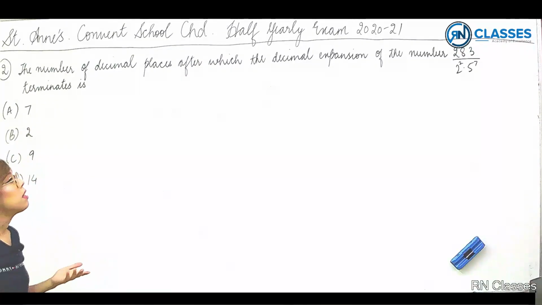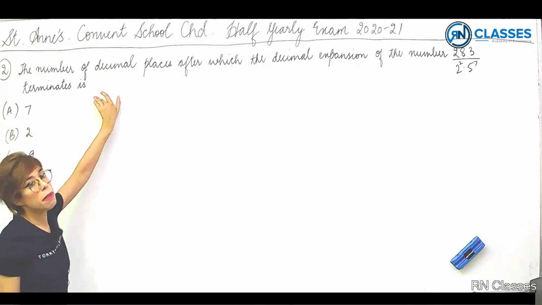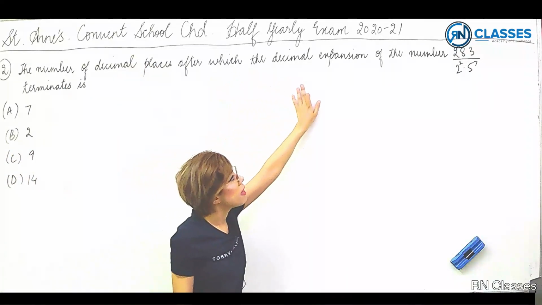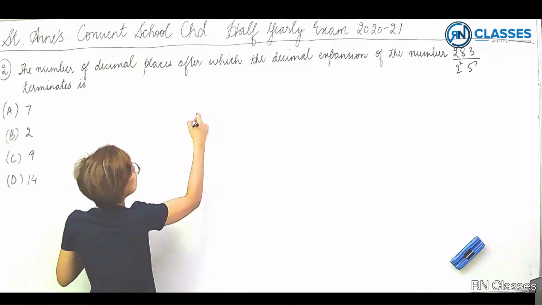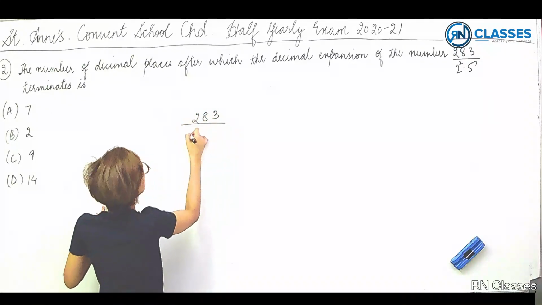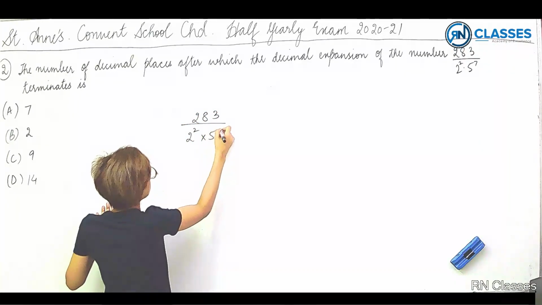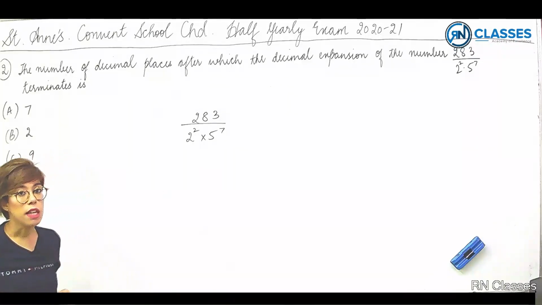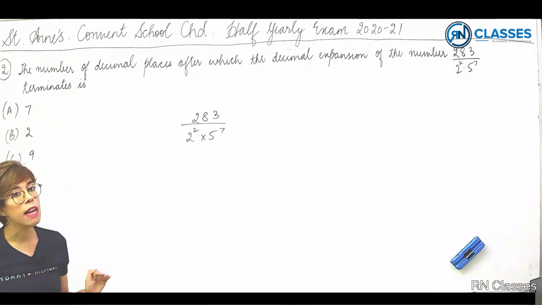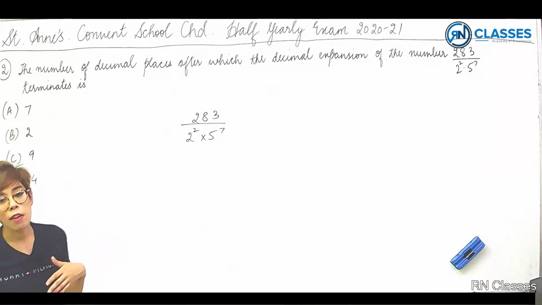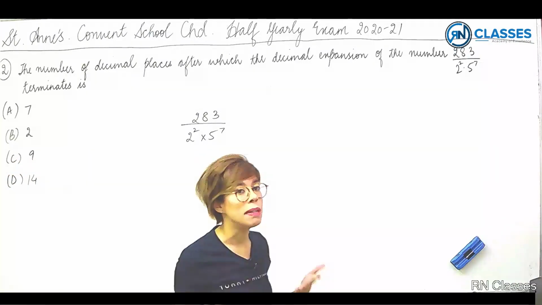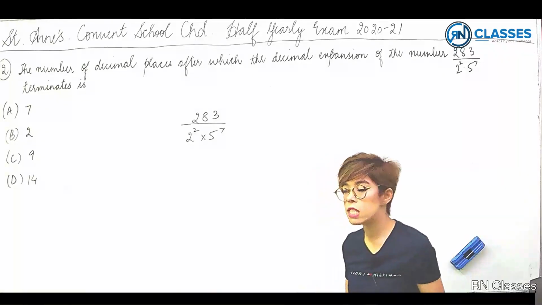Alright, so the second one, he says the number of decimal places after which the expansion of the number 283 by 2 square into 5 raised to power 7 terminates. Right? Definitely it's a rational number, so it will have either a terminating or non-terminating repeating expansion, right?